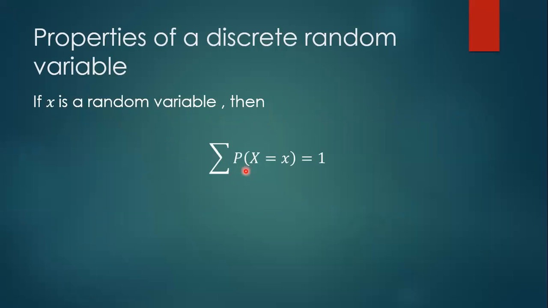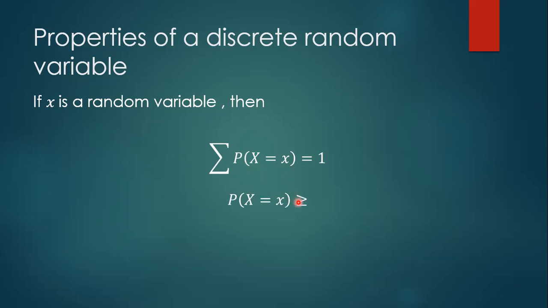When we sum up probability of X equaling a small x, this one should give us a 1. So this is not something new. We have always said total probability is equal to 1. So likewise, when we come to probability functions, when we add them, they are going to be equal to 1. So that is our first.